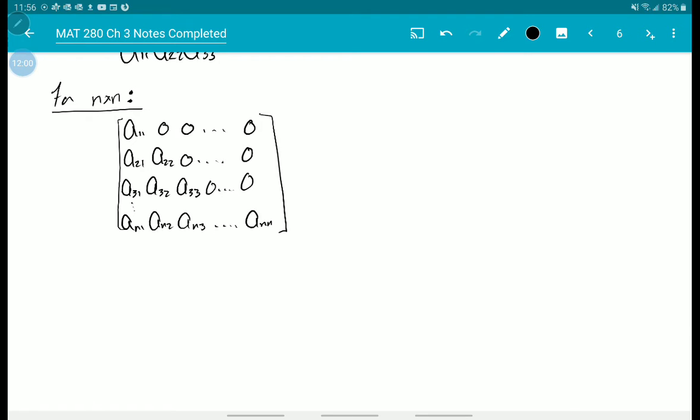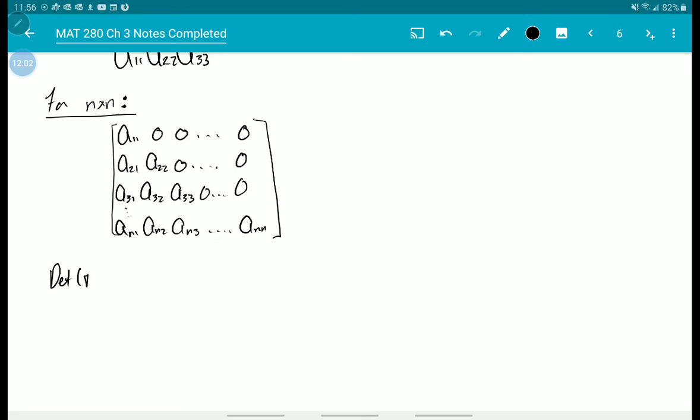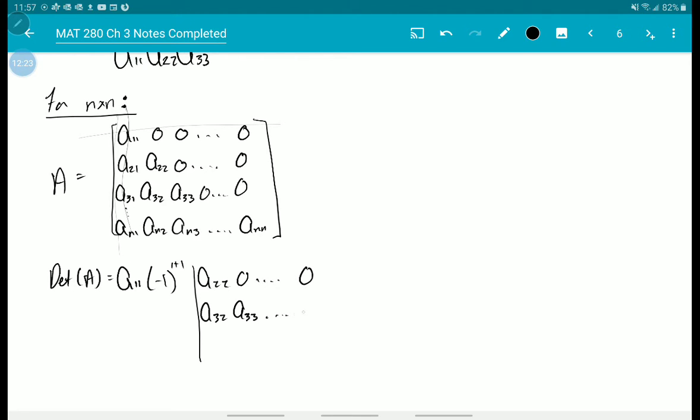So the determinant of that matrix, I'm going to call it matrix A, would be a11 times negative 1 to the 1 plus 1. And if we were to take that out, then we would have this guy left: a22, 0, a32, a33, an2, an3 to ann.